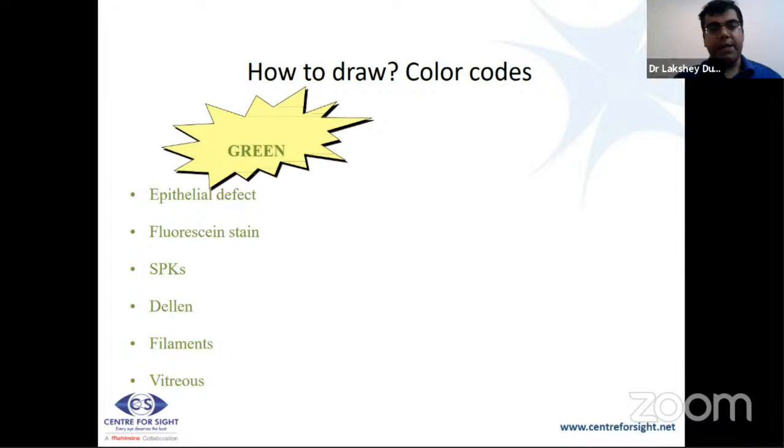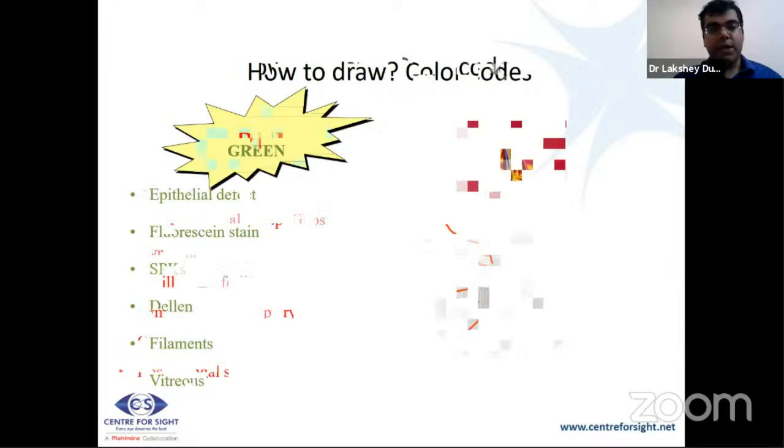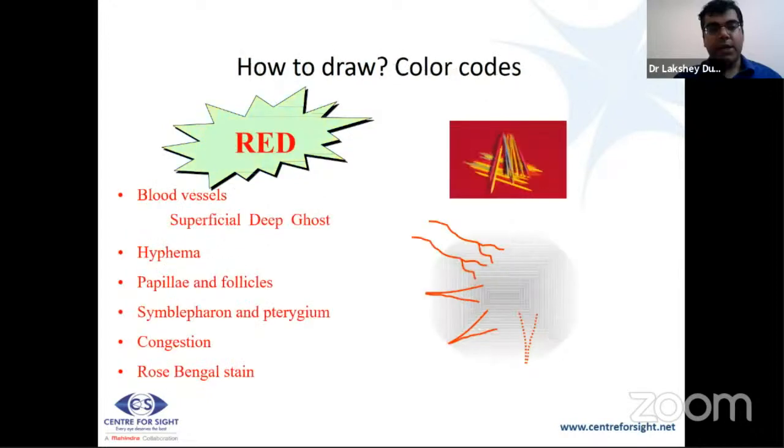Red color for blood vessels; superficial vessels you draw in continuous lines, hyphema, papillae, follicles, symblepharon, pterygium, stain.